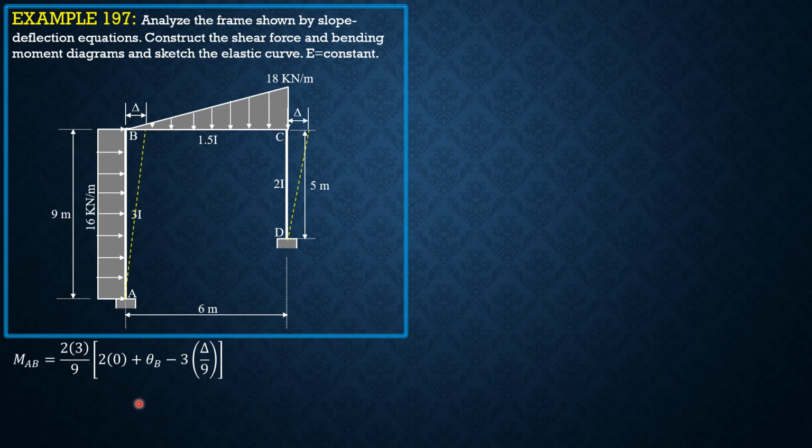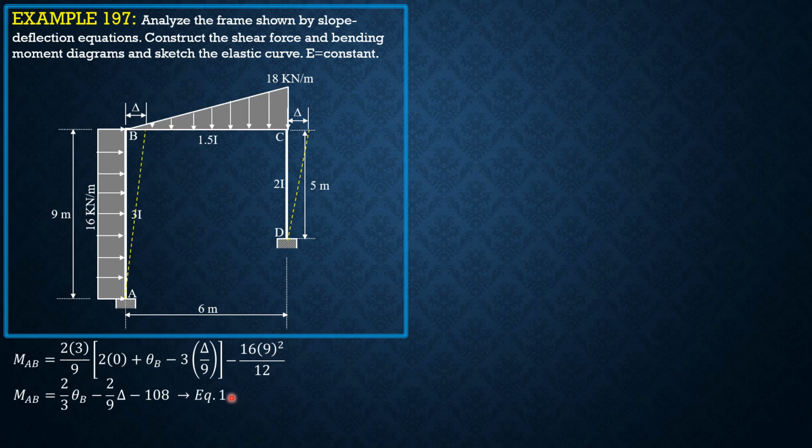So MAB simplifying is minus the fixed moment, which is WL square over 12, so minus 16 times 9 square over 12. So MAB is equal to 2/3 theta B minus 2 over 9 delta minus 108.